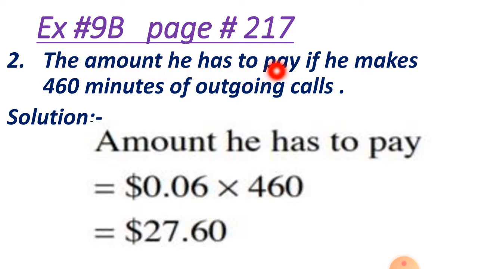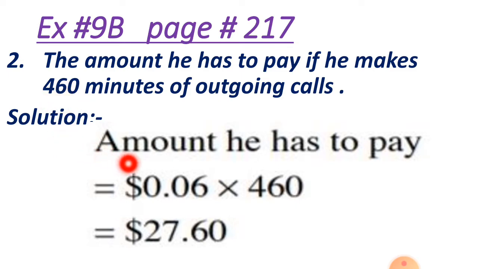The same question has a second part as well. The amount he has to pay if he makes 460 minutes of the outgoing calls. It means that in 1 minute the amount is 0.06, but the minutes have changed now, that is 460. So we have to find out the total charge.